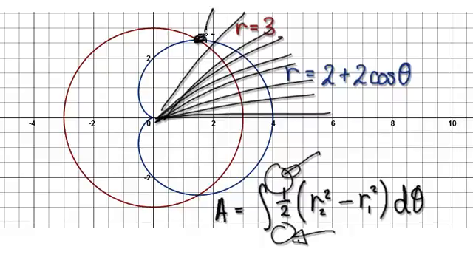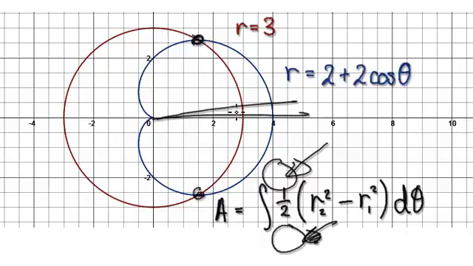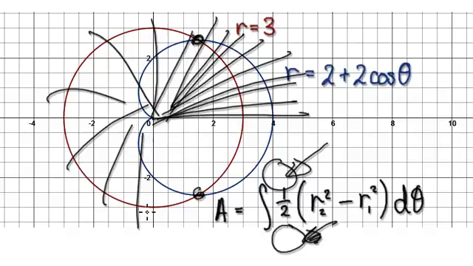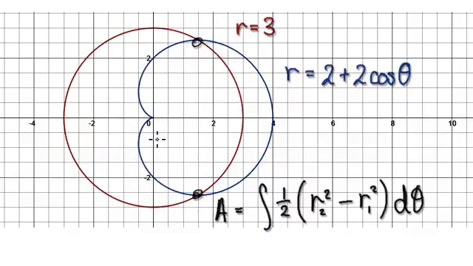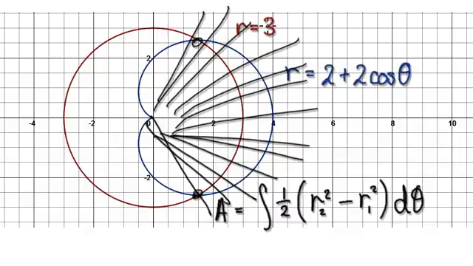Basically we need to find out this point here and this point here, because we need to sum everything up from here to here. So we need to locate this point and this point.